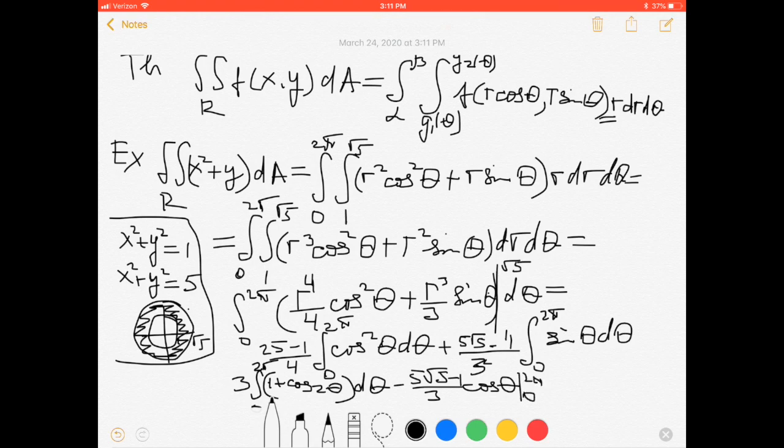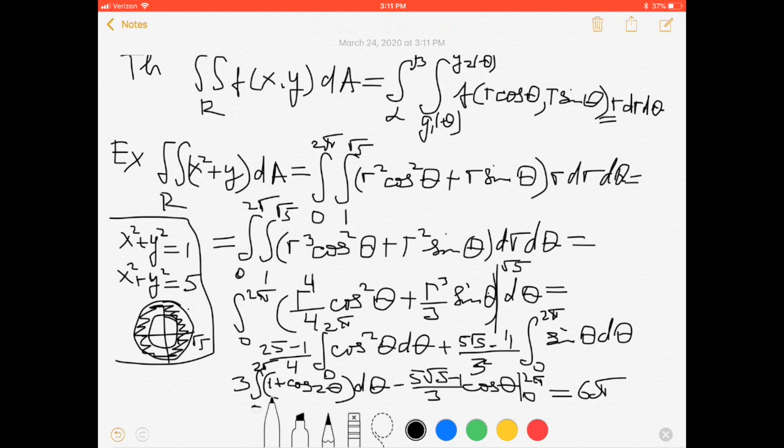Finishing, the final answer here will be 6 pi. I think this finishes with no problem, and you can do it yourself.